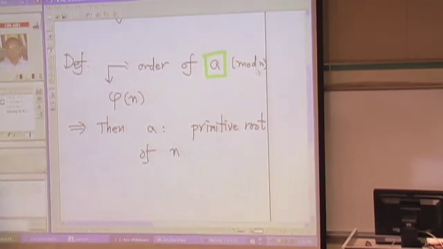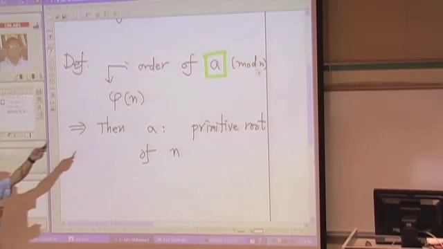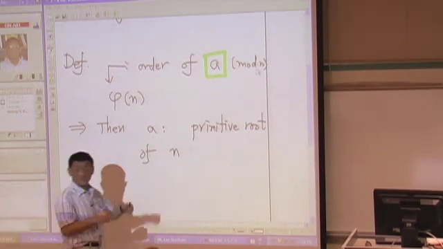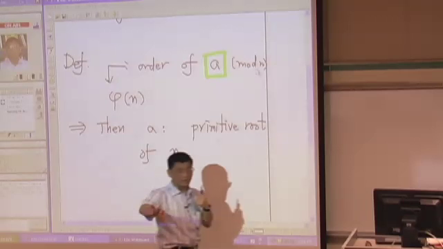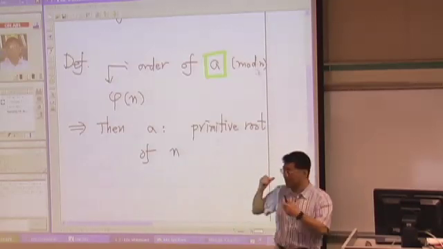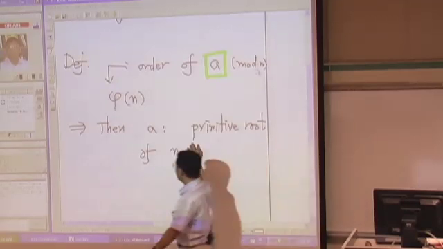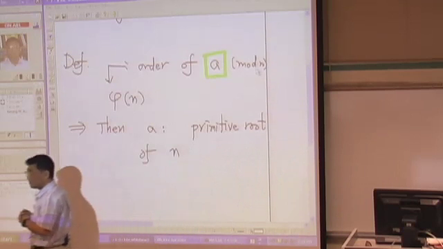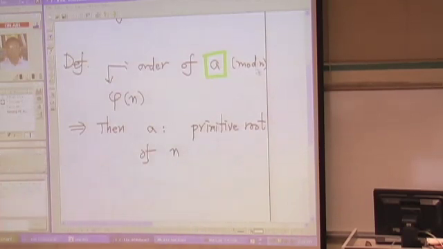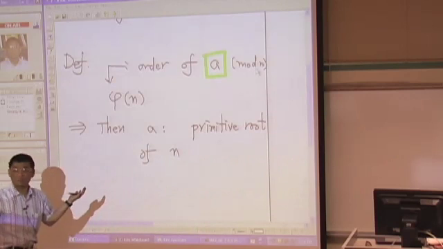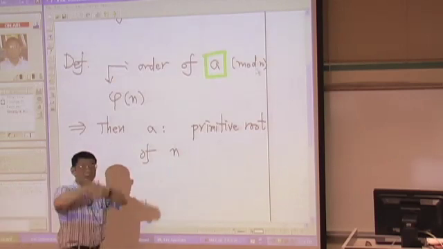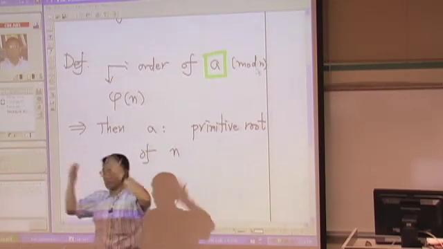So a is called a primitive root of n when a happens to have the order equal to phi of n, not any smaller number, but the possible maximum number, phi of n. And for a certain n, there can be many primitive roots, right? But there could be none. Anything is possible. There could be many primitive roots, or there could be none.